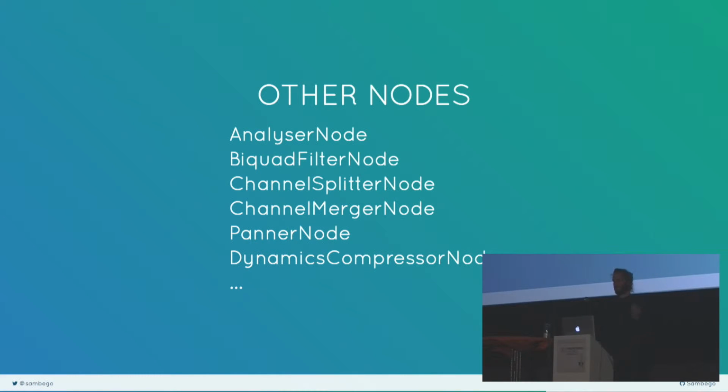Channel splitter and channel merger nodes are to split the channel into stereo or merge it back again into mono. Panner is also to assign your sound to a side, like left or right, or if you have surround, to front, back, all these kind of things. And dynamic compressor node is just to compress the sound so it gets more even.